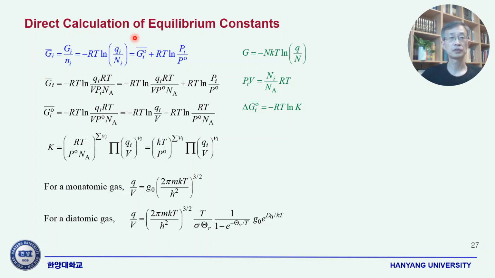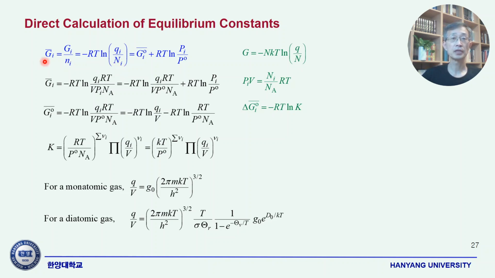For the equilibrium constant, we are going to use delta G naught equals minus RT ln K. This is the thermodynamic equilibrium constant, so you need to know this. This is the standard Gibbs free energy, and the molar Gibbs free energy is G_i over N_i, which is minus RT, in general, ln q_i over N_i.